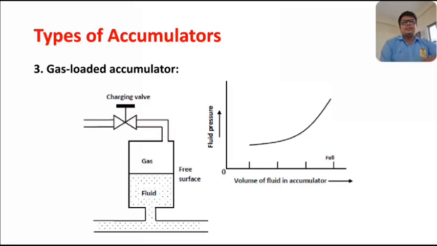But in that case, the main disadvantage is the size of the accumulator. So we have to choose what is required for which type of application. If a stationary application is there, then we can go for the gravity accumulator. But for mobile applications, it is not feasible as the size and weight of that accumulator is very high.